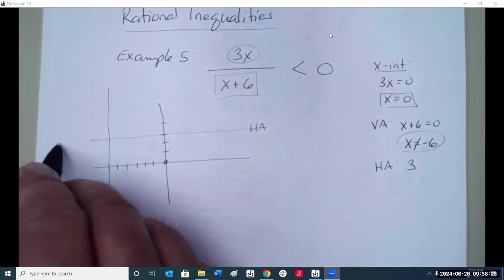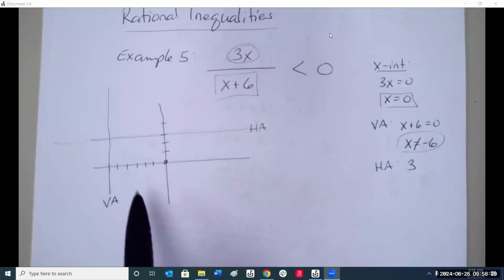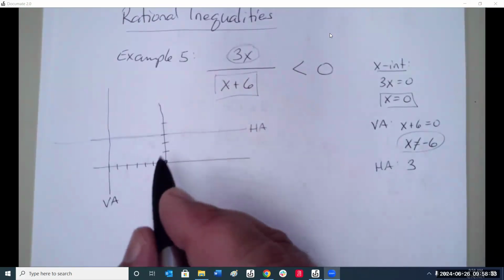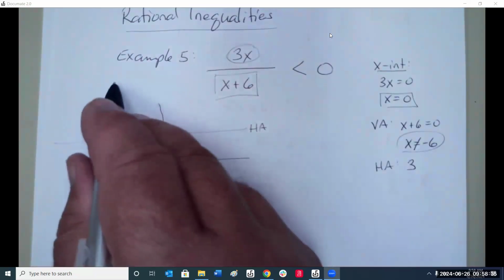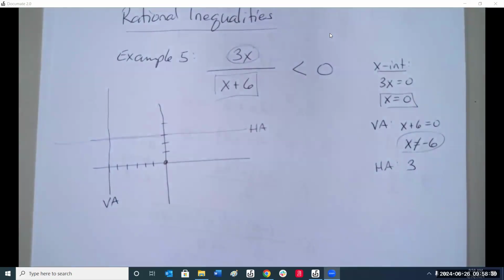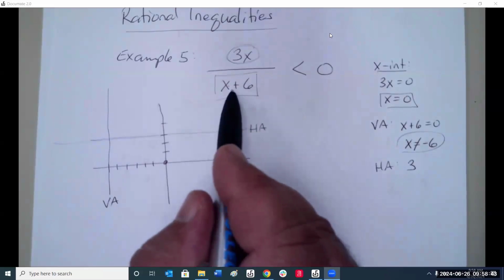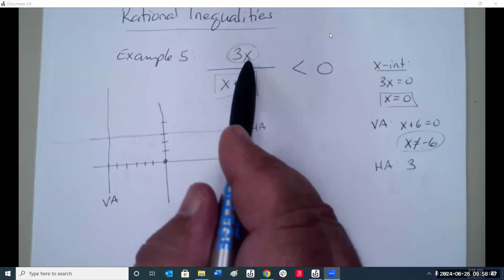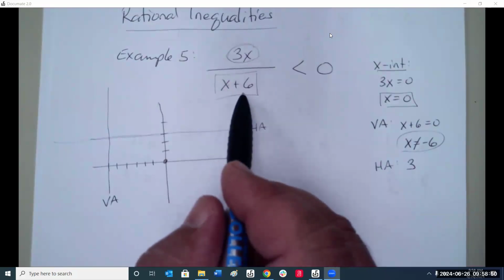So since we only have 4 quadrants to look at, it's either going to be here and, well, let's see. It can be here and here, or it can be here and here. They can't be on top because, let's see, if I put -2 in there, I get -6/4.